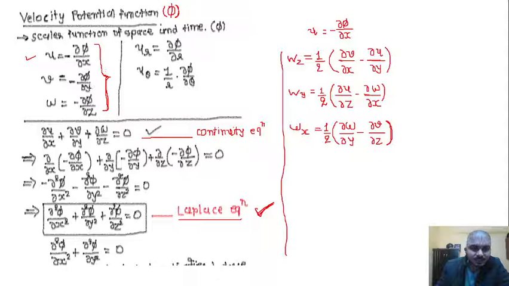Similarly, if we differentiate it with respect to y, then it will give us the velocity component in y direction, that is v. And again, if we differentiate it with respect to z, then we will get w. So this is based on the Cartesian coordinates, and similar equations are also written in cylindrical polar coordinates.